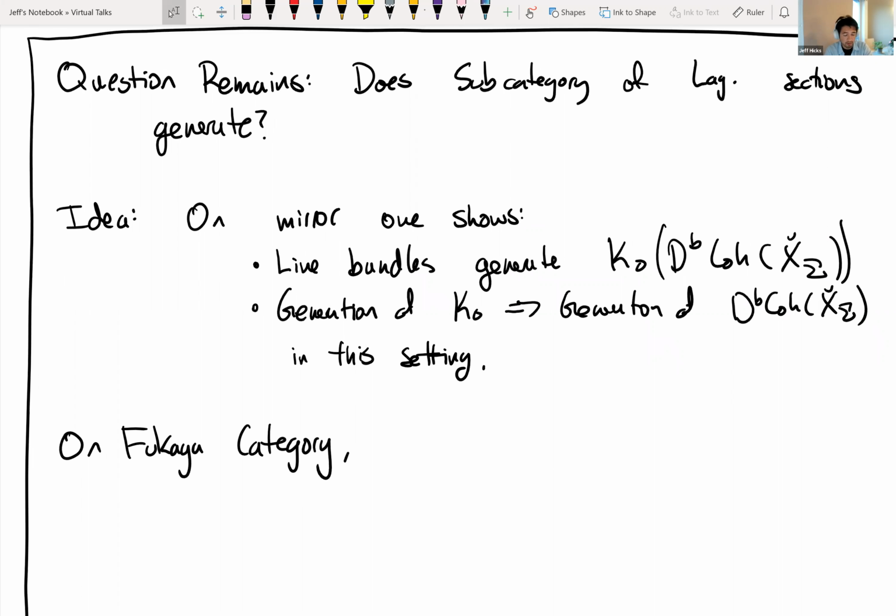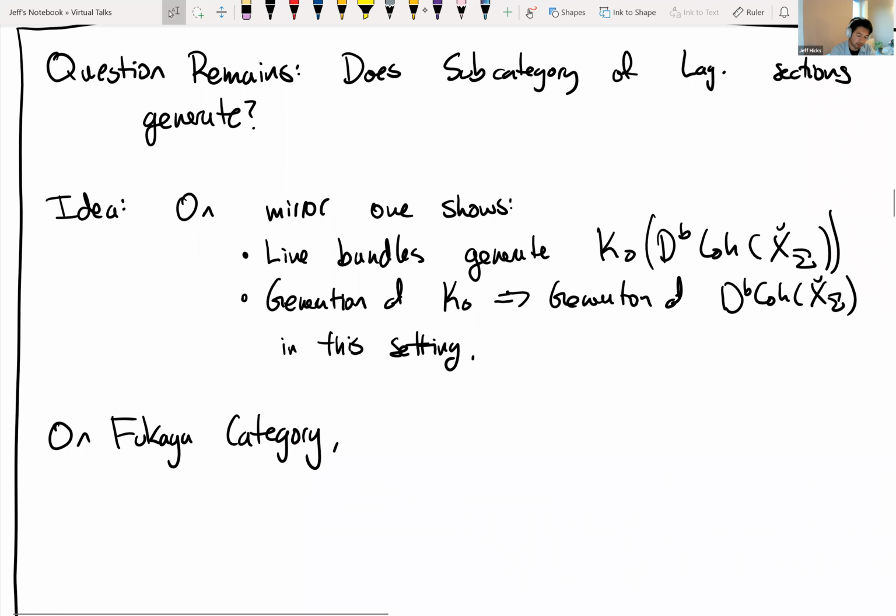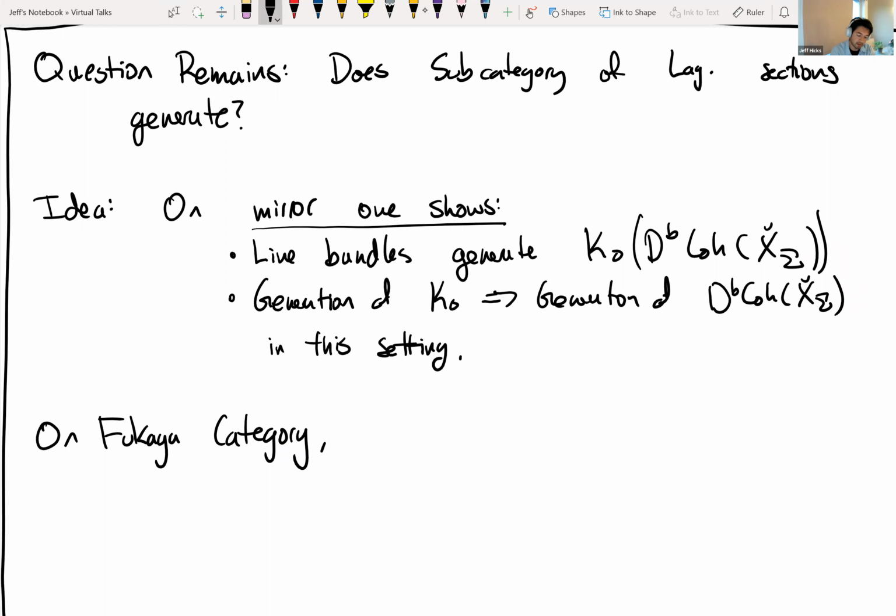The question remains, does the category of Lagrangian sections generate? Because that's the only part for which we've constructed this injection. The idea is as follows. So if you were to prove generation of the category of coherent sheaves, then you would use the following facts.